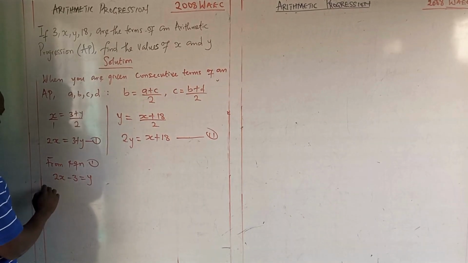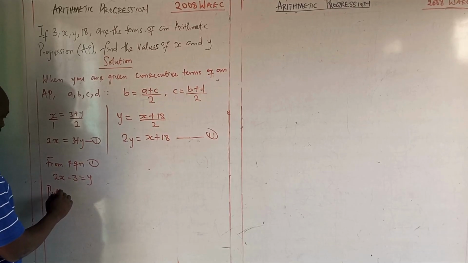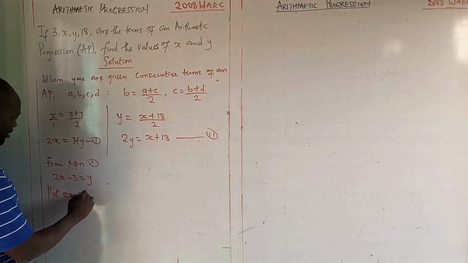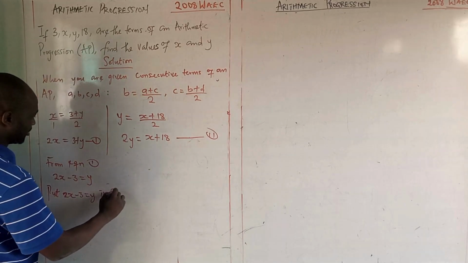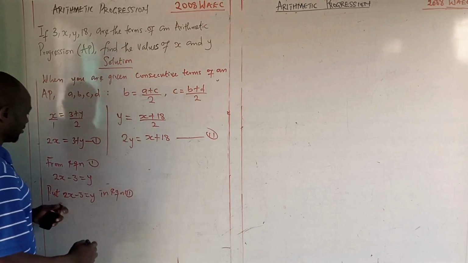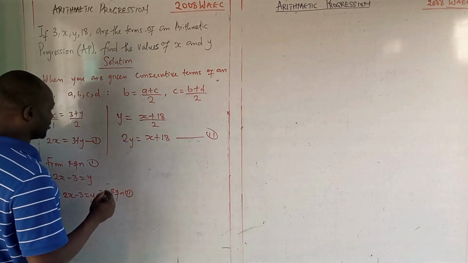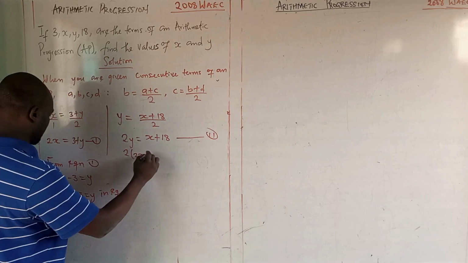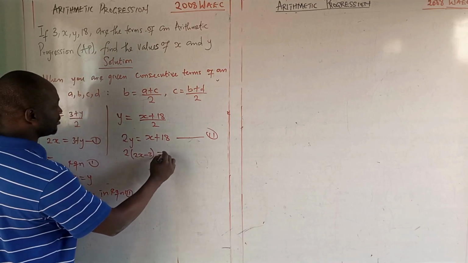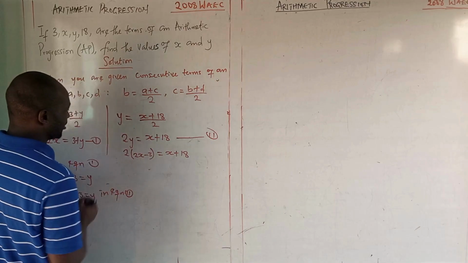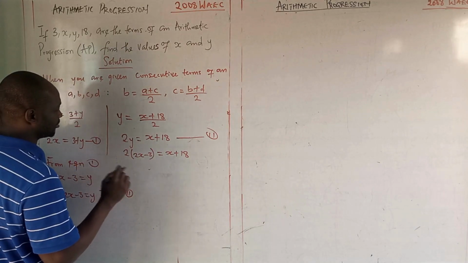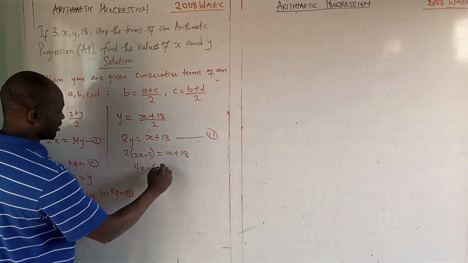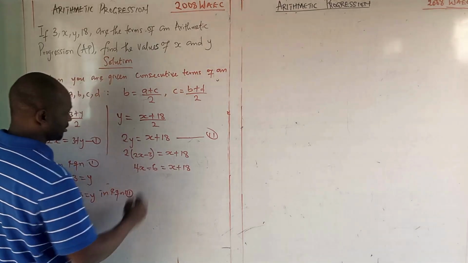Now, if we put this, 2x minus 3 equals y, in equation 2, we will have 2 into (2x minus 3) equals x plus 18. That means 4x minus 6 equals x plus 18.